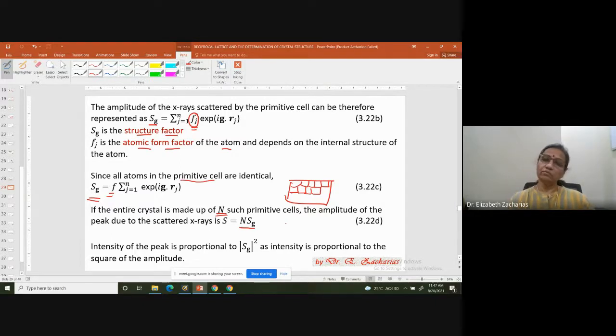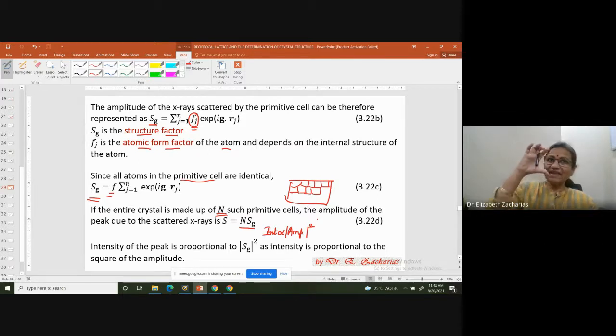Okay, and from optics, you also know that amplitude and intensity are related. Intensity is proportional to the square of the amplitude. Please remember, you cannot see the amplitude of a wave. But intensity is brightness, and that is something you can see. For example, you saw those peaks.